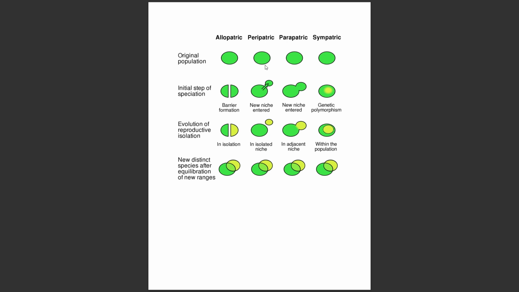So the third form, and we're getting slightly less isolated here, is called parapatric. This is a new niche of the original population that is still able to exchange genetic information, but they just don't do it enough, so that over time they still become two separate species. An example of this would be the Tennessee cave salamander, which has two different areas where it lives, either in the caves or above ground.